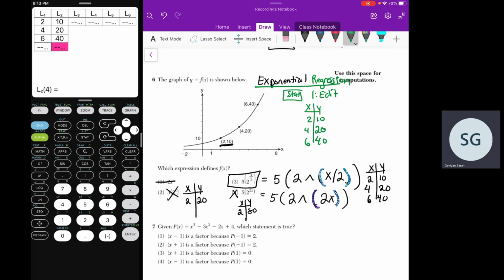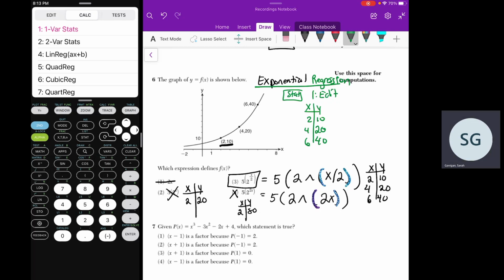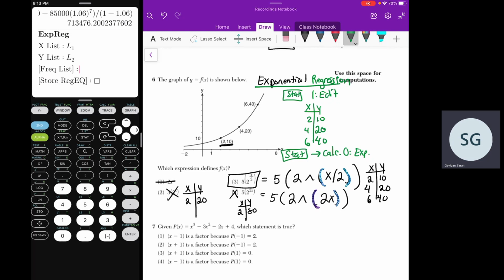Okay, so then I'm going to go back to Stat, over to the Calculate menu, and I'm going to choose choice 0, which is exponential regression. Let's see what this calculator comes up with. Remember, you want your frequency list to be empty.